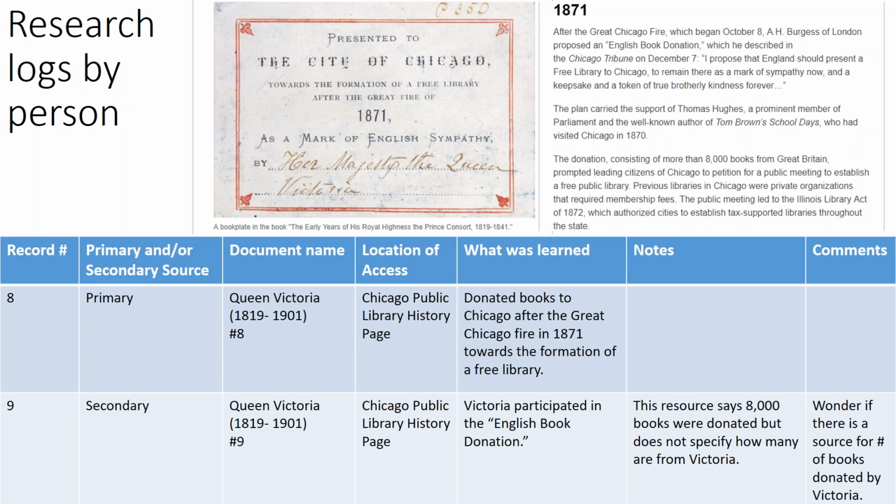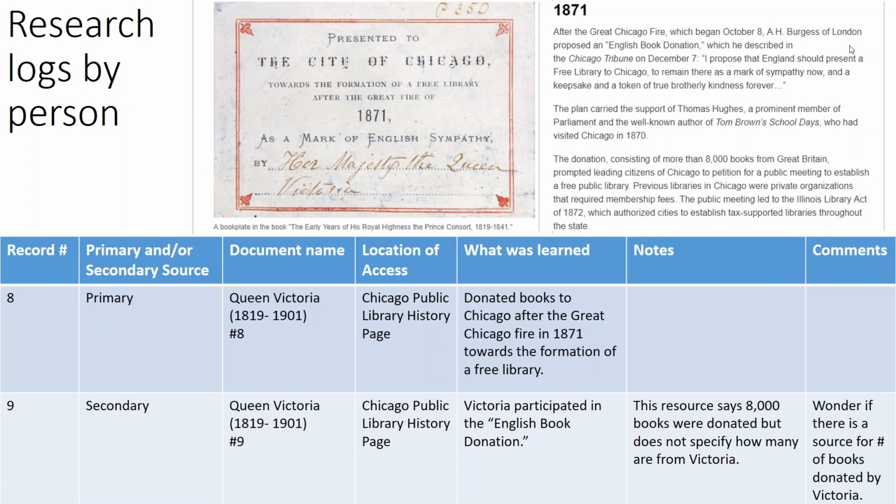Then we're going to put in our location as to where we found this information. This way we can always go back and double check that we wrote something down correctly, or if we aren't sure where we've searched already and people are just throwing us names, we can look through our log and go, oh, that's right, I already looked there and I found this.